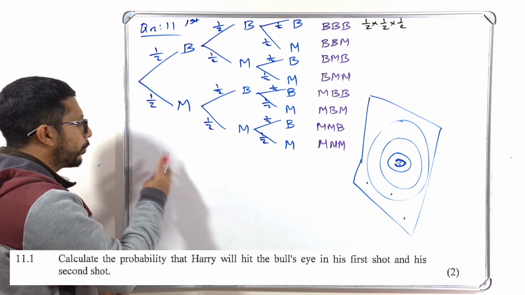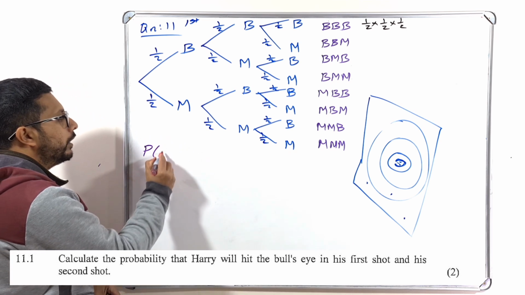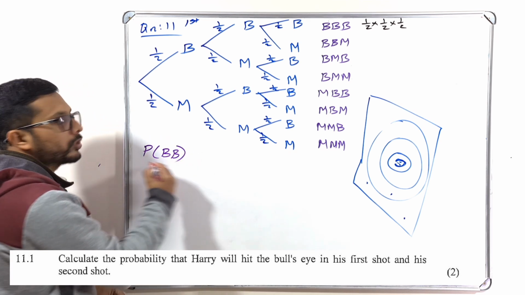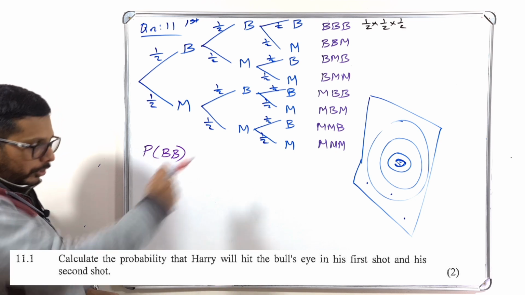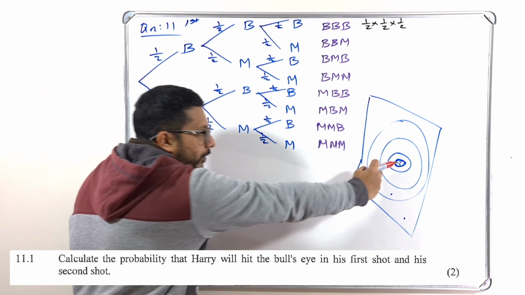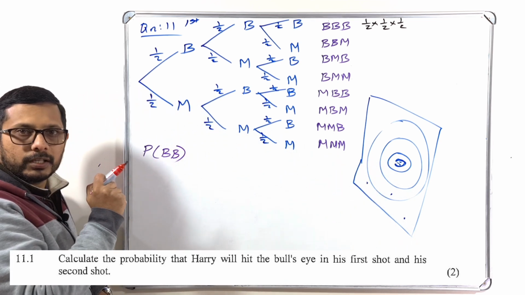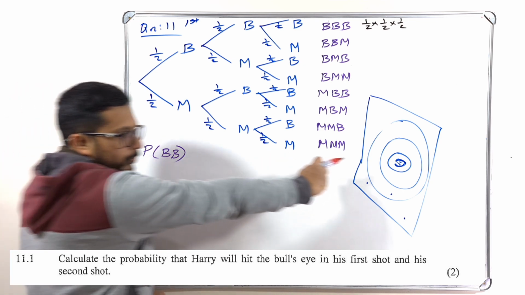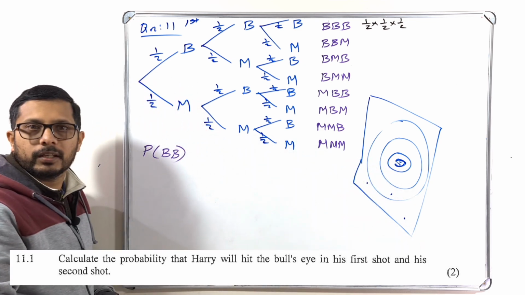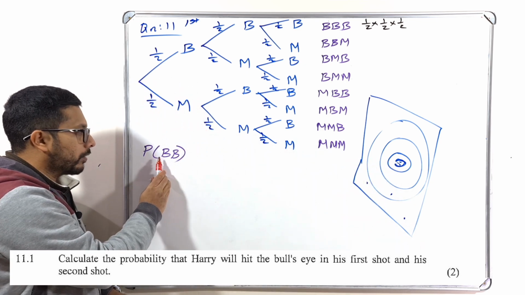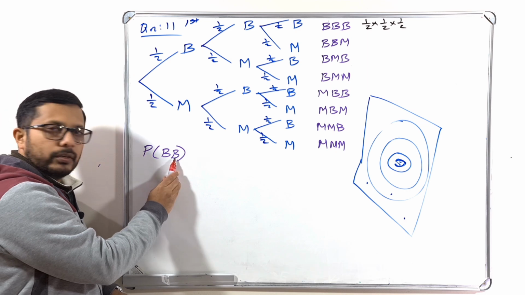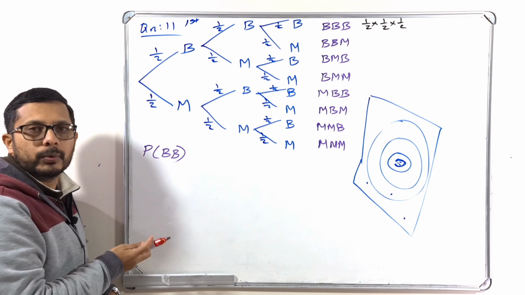You have to find the probability of hitting the bullseye on the first 2 shots. First shot, correct, bullseye. Second shot also correct on the bullseye. That means the probability of hitting the first one bullseye, second one also bullseye. What is the probability?